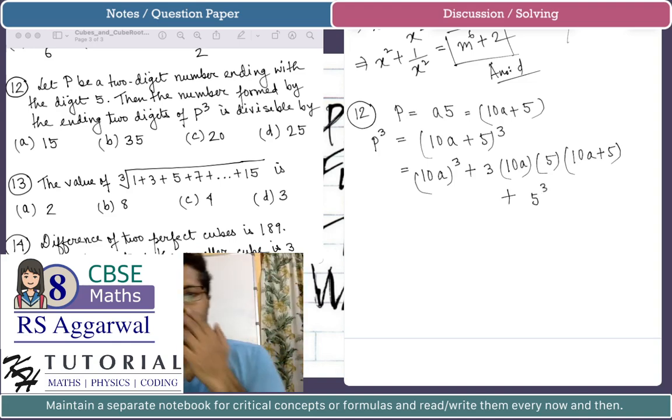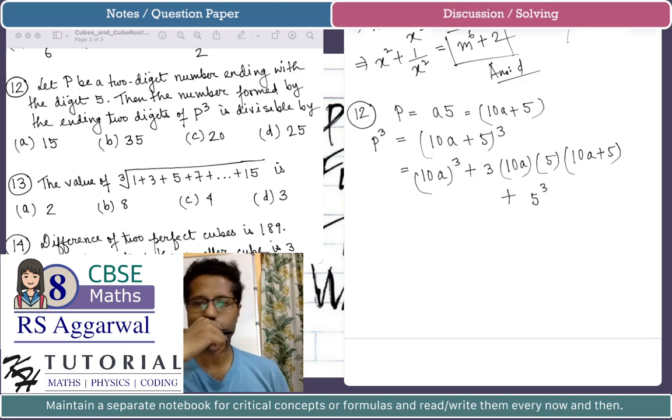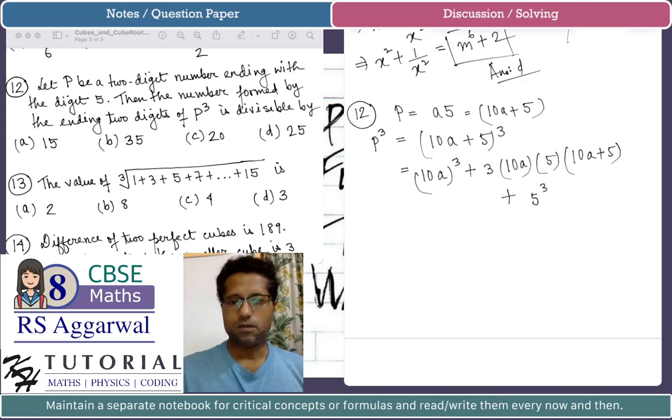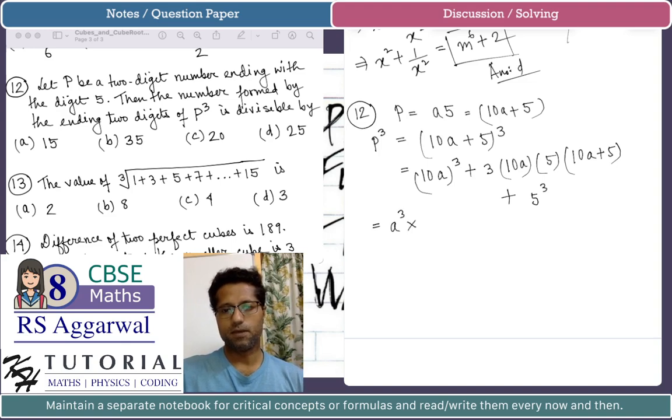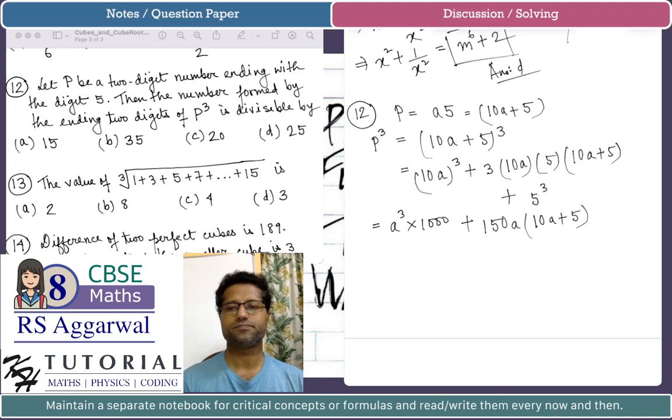Now 10A cube is equal to 10 cube multiplied by A cube, and 10 cube is 1000, so it becomes A cube into 1000, plus over here we have 3 into 10A into 5, which is 150A, and then we have 10A plus 5. And 5 cube we have 125.